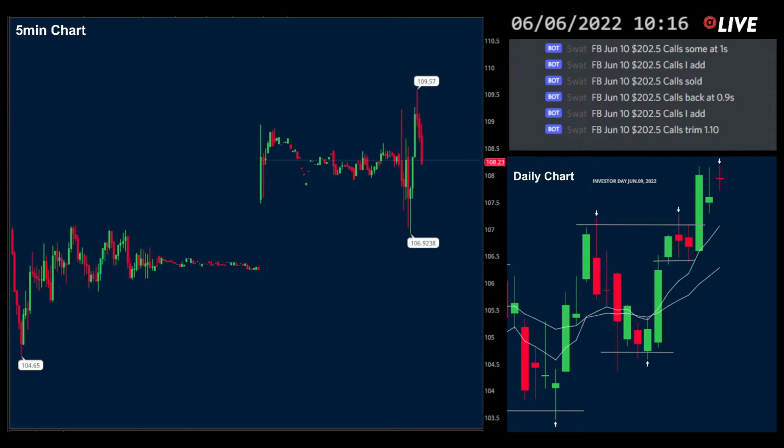And they fading now. All over the place. They're trying again to fade AMD. Tesla. Tricky market, guys.